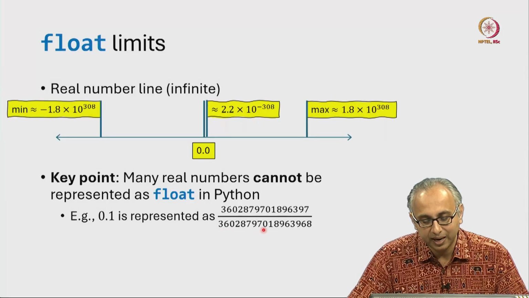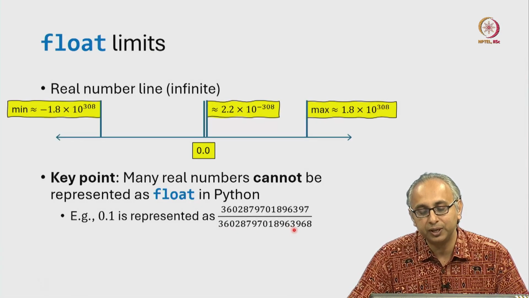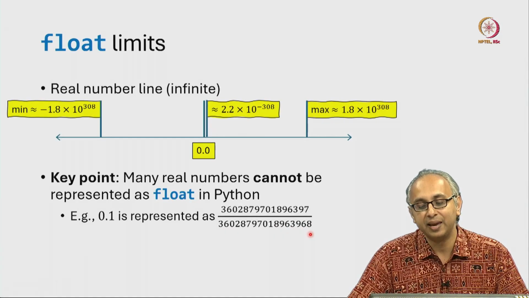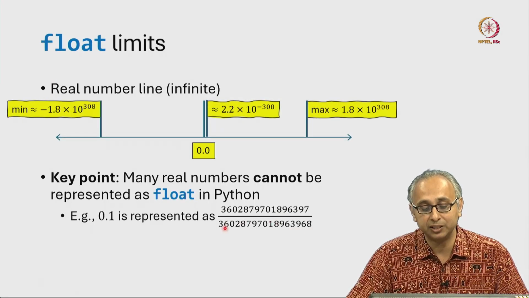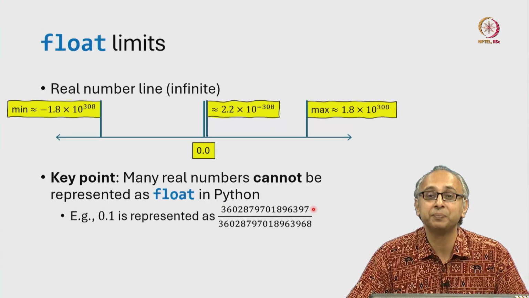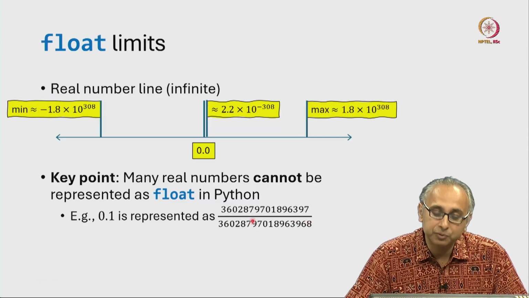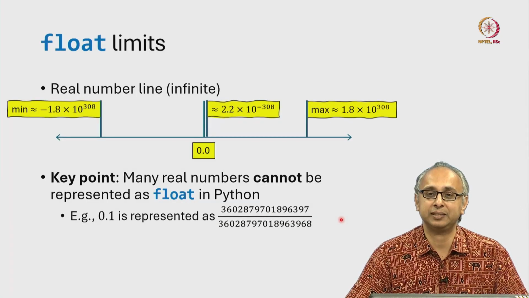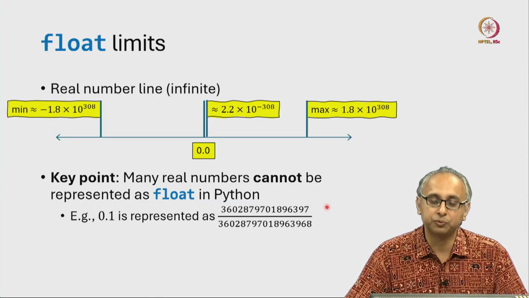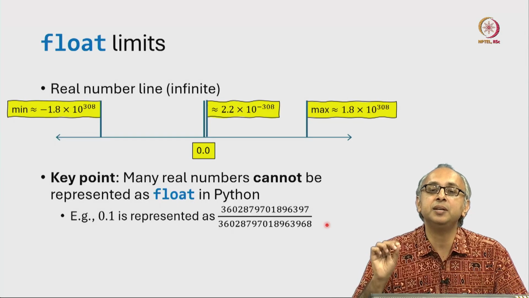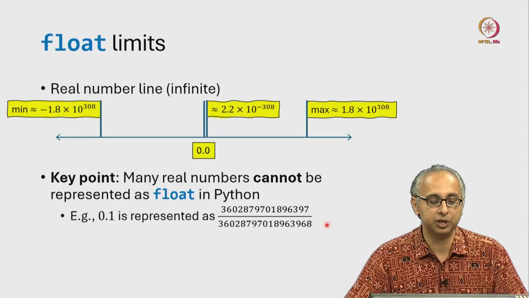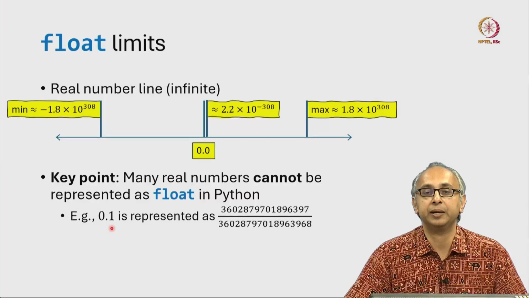This is the same number ending with 63968. If it ended with 63970, that would be a denominator that is exactly 10 times larger than the numerator, and that would of course be 1 over 10. But we can't represent that precisely. And so this ratio is the nearest approximation to this real number.